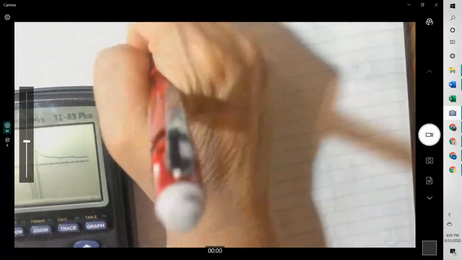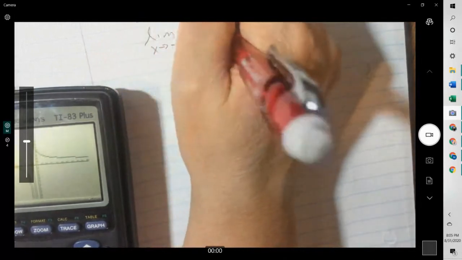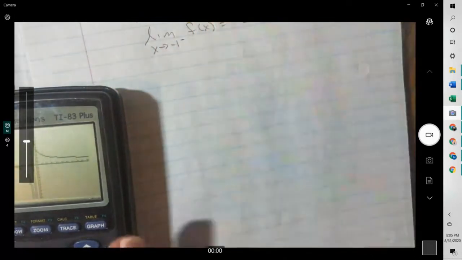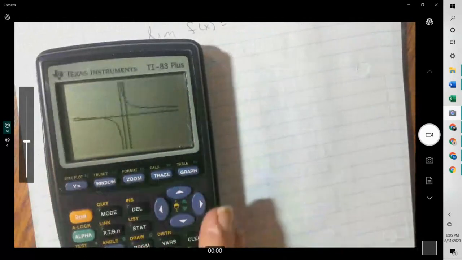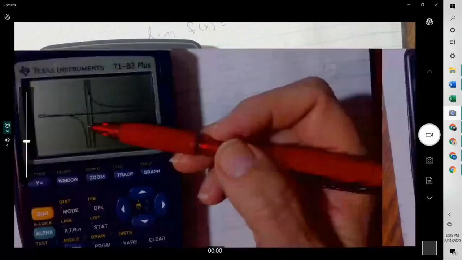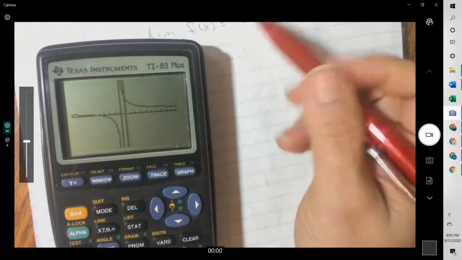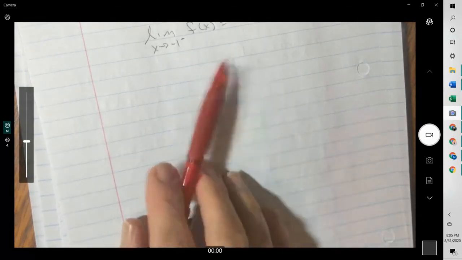The limit as x approaches -1 from the left is negative infinity. Because we're approaching over here, it's going down, and that's negative infinity. So it would be negative infinity. We also have limits to infinity, but we will look at those in a second section.